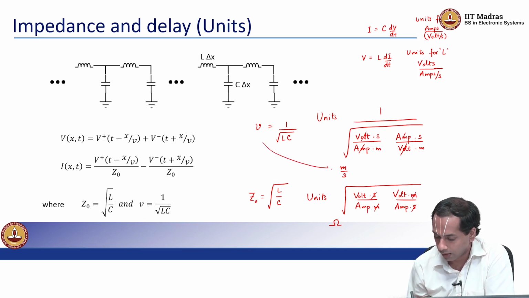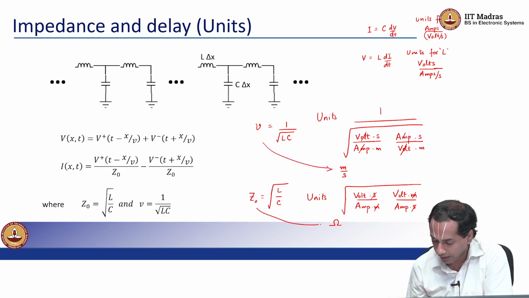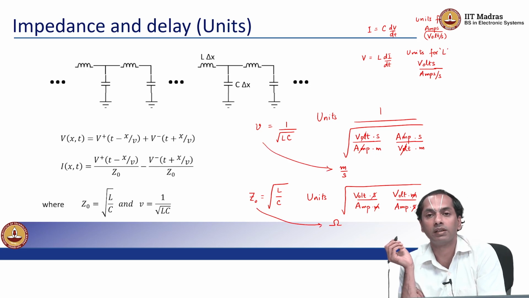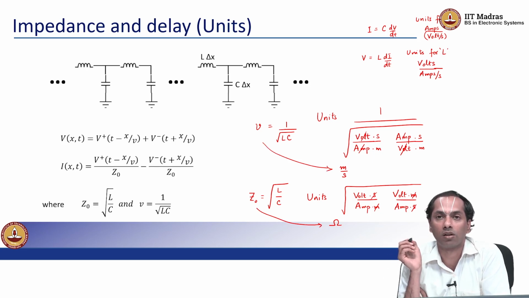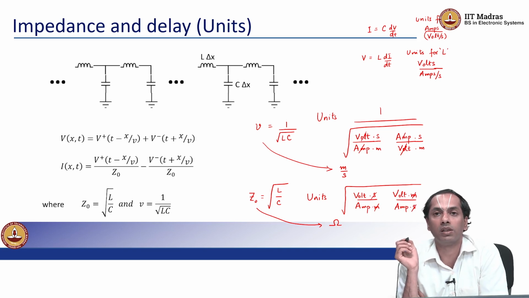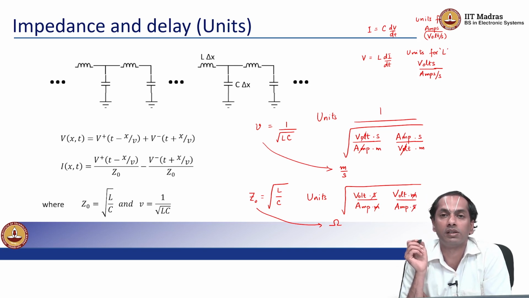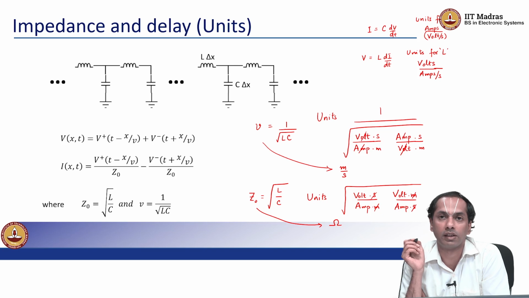So V has the units of meters per second, and Z naught is a constant that is required to establish the functional dependence of current, given the functional dependence of voltage.